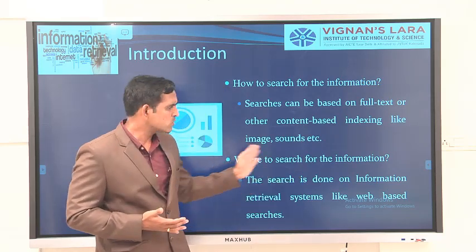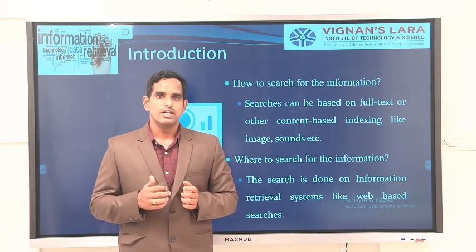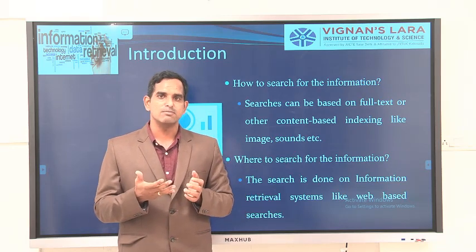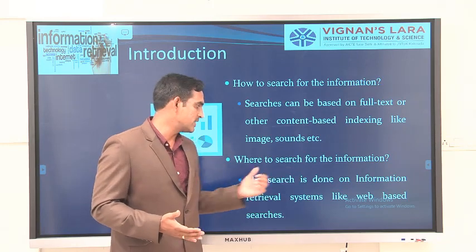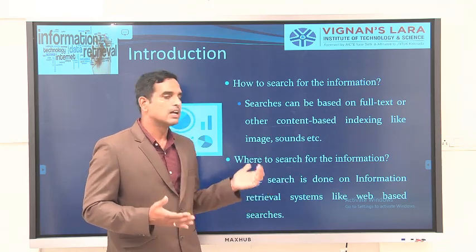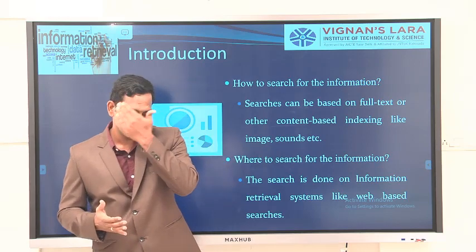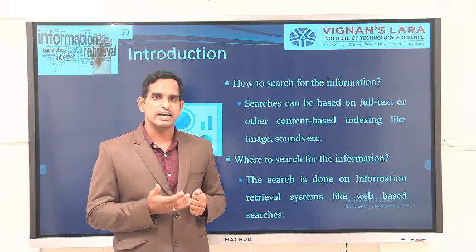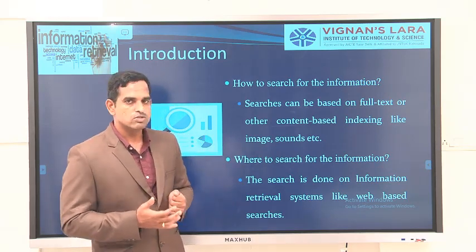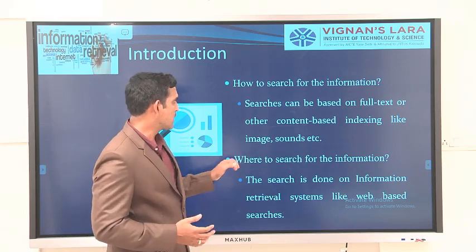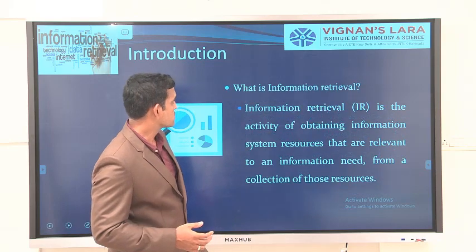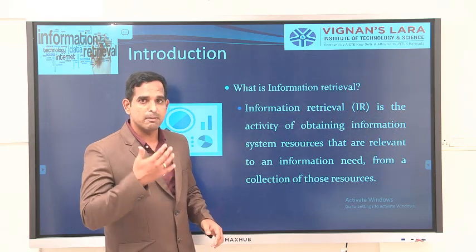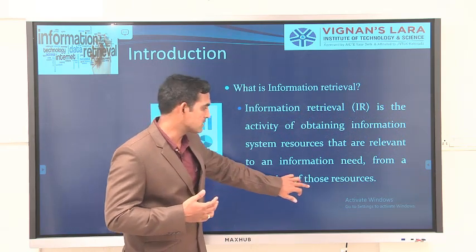Next, where to search for that particular information? In order to search for that information, you need to have an information retrieval system. So the search is to be done on an information retrieval system like a web based search. So your web based search is one information retrieval system here. We have a few questions here I have given you. The first question is, what is information retrieval? Obtaining the data from your particular resource.